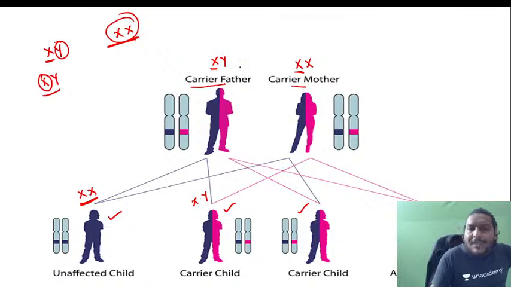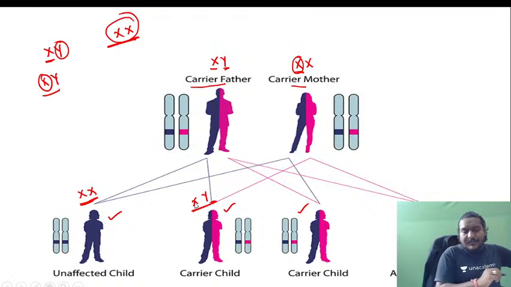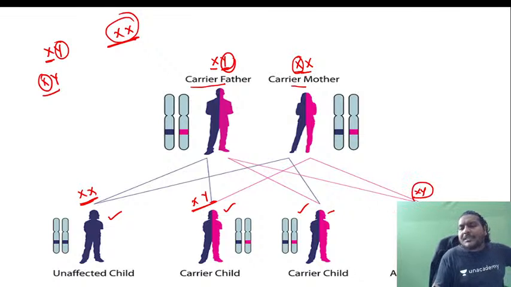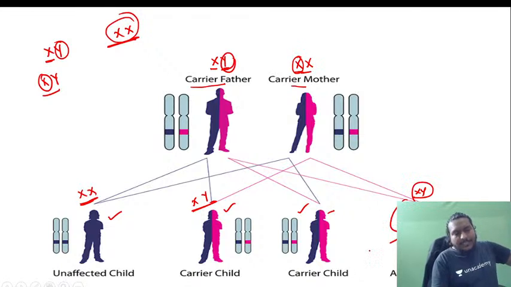For example, here Y is affected, but the first X is not affected. So when the not affected and affected are coming, that child would become a carrier only. The child is not going to be affected. Similarly, the same case here, the other way around. But here, if both are affected, that is Y and X, which are both affected, are coming, the child would become the affected child only. This is a very common case.